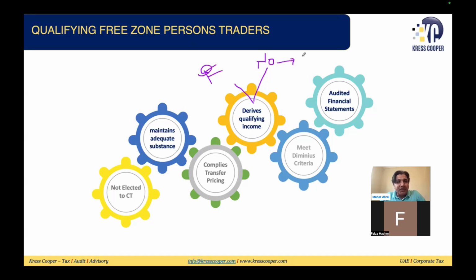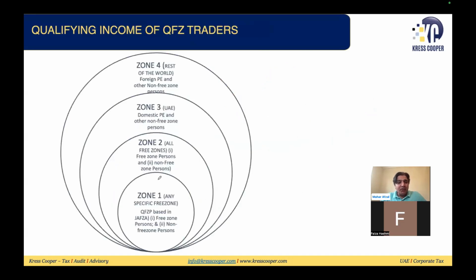So these are the 6 conditions for the juridical person, which is a free zone person, to become a qualifying free zone person. If this qualifying free zone person is based in any free zone, and is dealing with the other free zone person, then the income of this qualifying free zone trader will be considered qualifying income, provided they are not generating income from activities that are excluded activities, and the other free zone person at the end is the beneficial recipient of the goods.